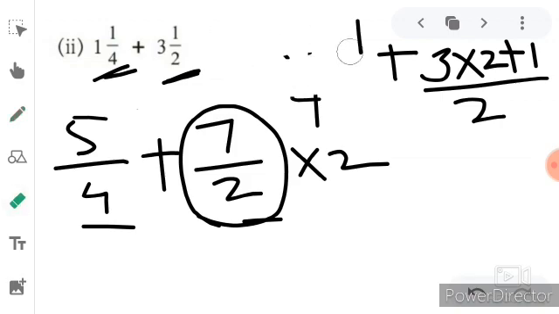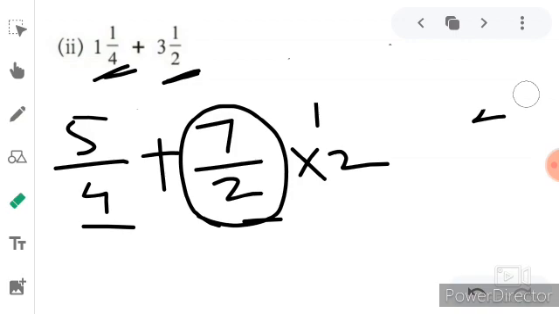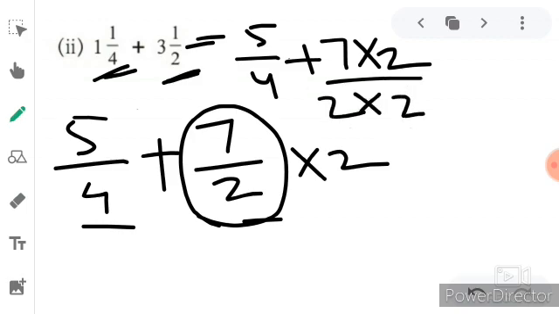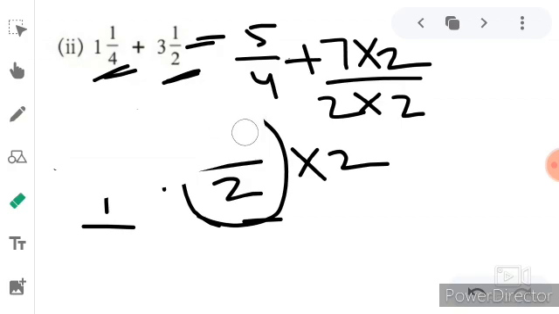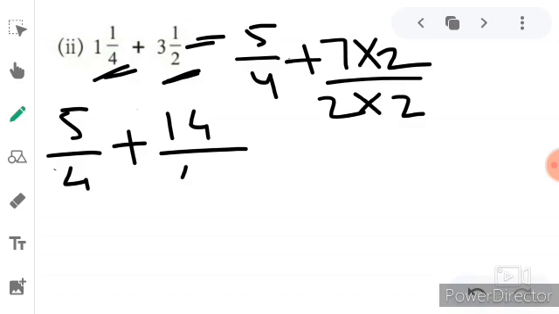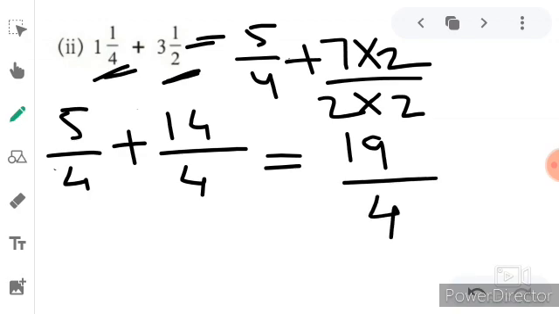So we will get the answer. Now first of all we are going to erase this and solve here. 5 upon 4 as it is, plus 7 multiplied by 2, 2 multiplied by 2. So 5 upon 4 as it is, plus 7 2s are 14 upon 2 2s are 4. Now 5 plus 14 is equal to 19, 19 upon 4. So here this is your answer.